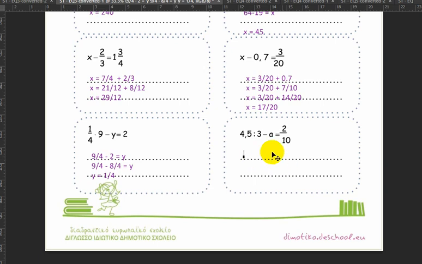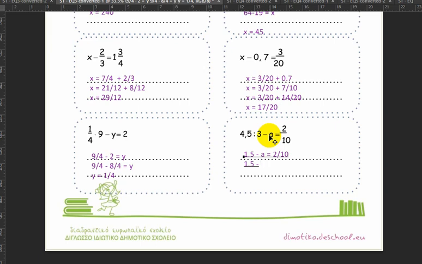Next, we have 4.5 divided by 3 minus a equals 2/10. Now, you probably want to do this long division. So 4.5 divided by 3 would give us 1.5. 1.5 minus 2/10. Then I do the swap.